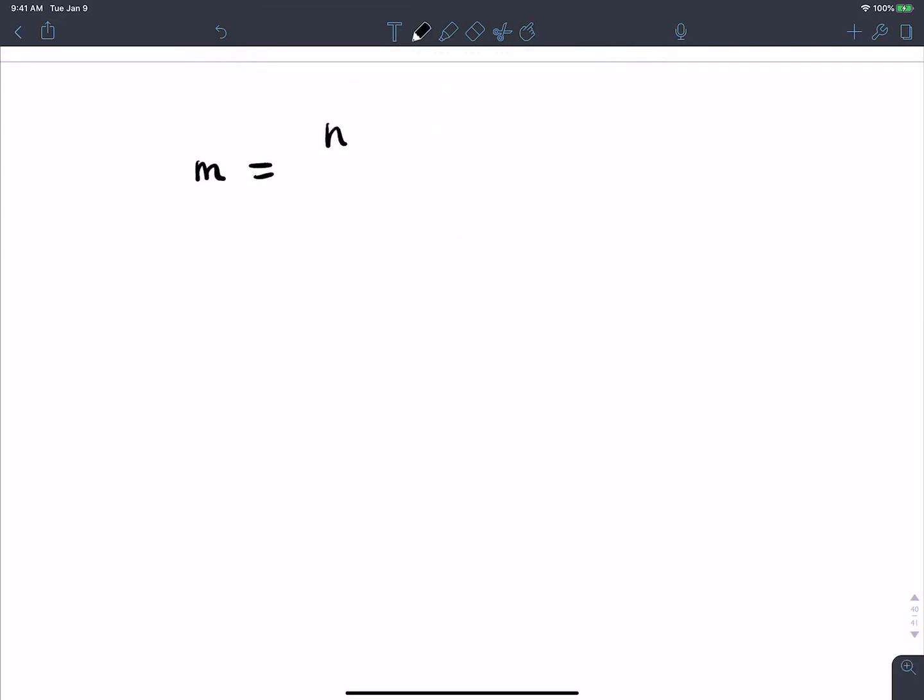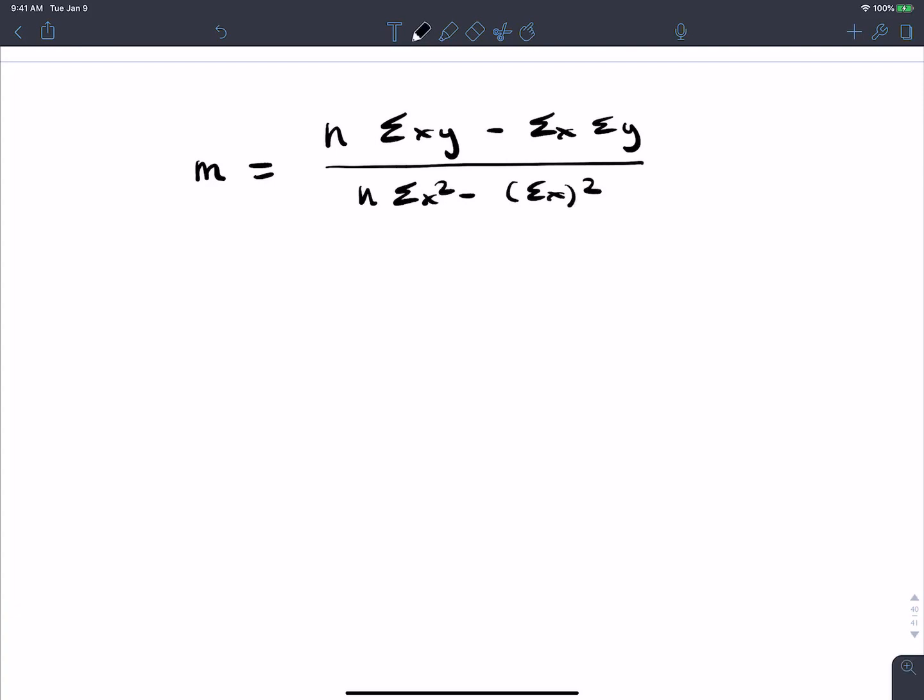M is, what's M again? Remember, N times sum xy minus what? Sum x, sum y, over n times sum x squared, minus what? Sum x in parentheses squared.